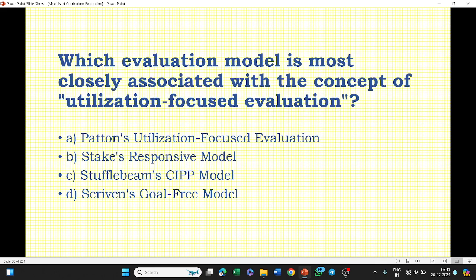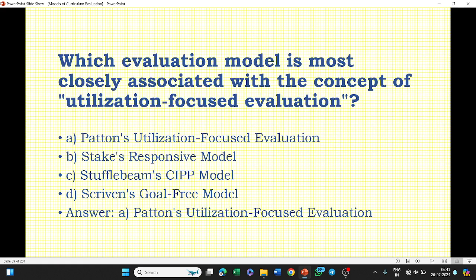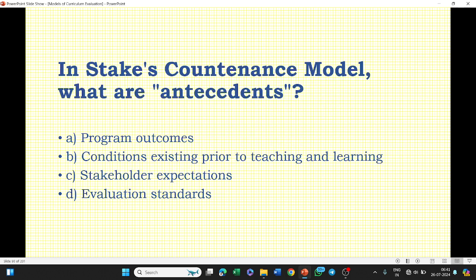Which evaluation model is most closely associated with the concept of utilization focused evaluation? Options: Patton's utilization focused evaluation, Stake's responsive model, Stufflebeam CIPP model, Scriven's goal free model. Answer of this question is option A, that is Patton's utilization focused evaluation.